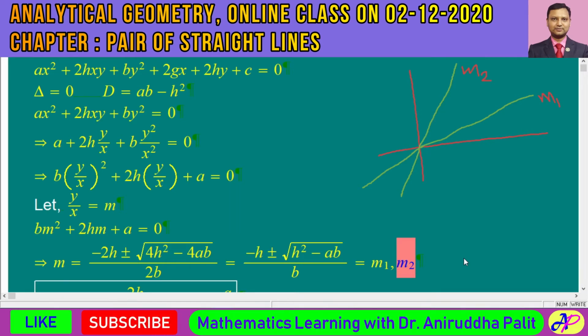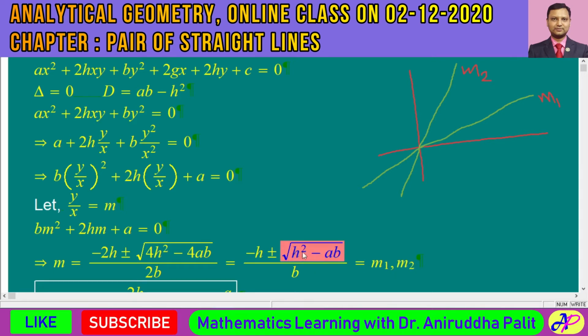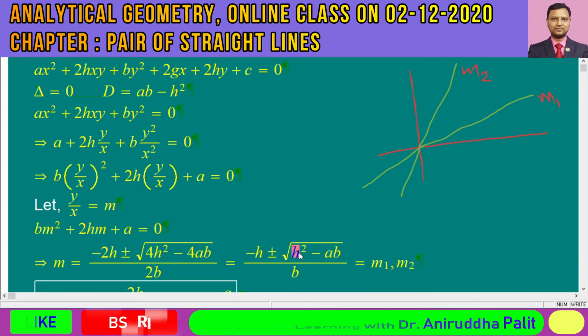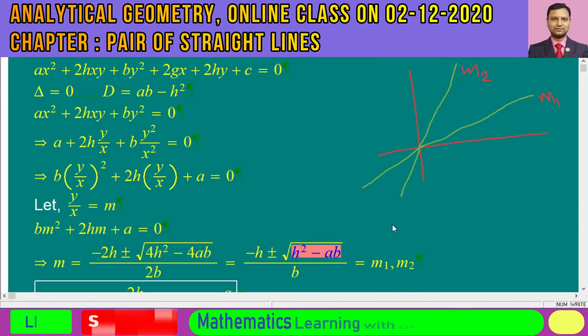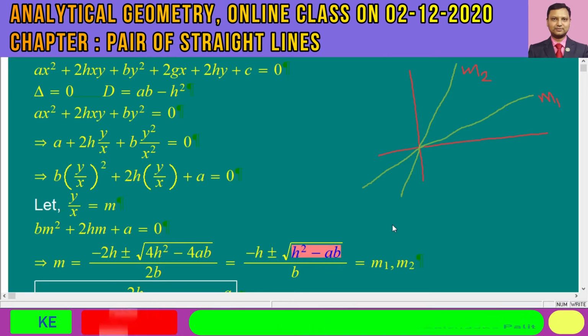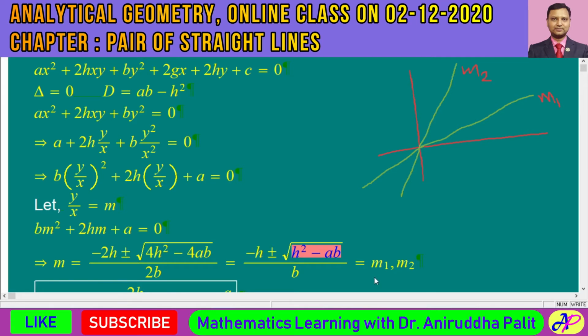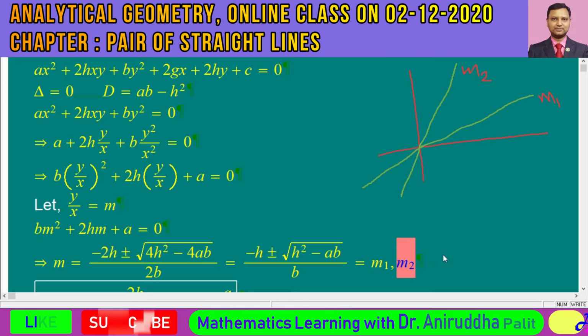Okay, and if the expression h square minus ab becomes less than 0, a negative quantity, in that case m1 and m2 would be complex conjugate numbers.